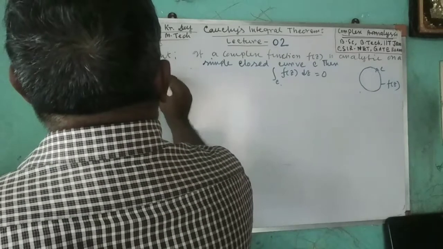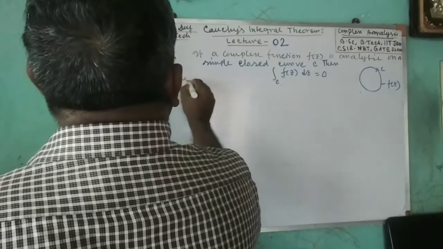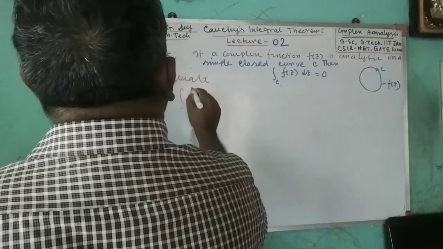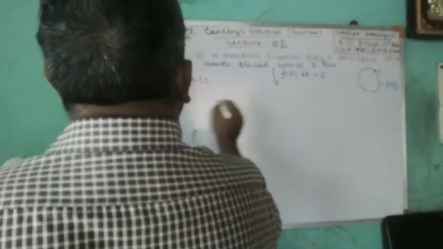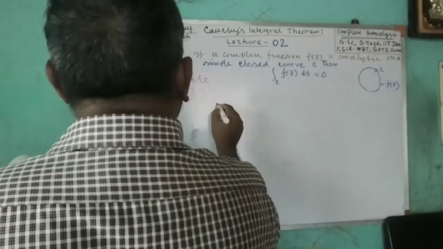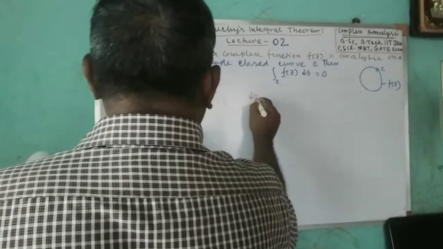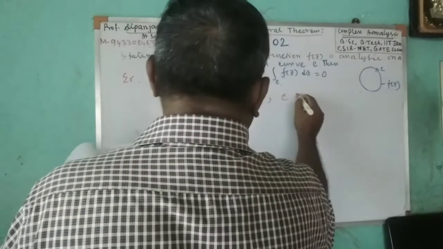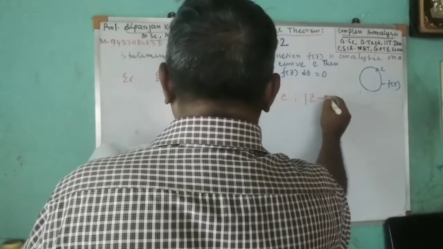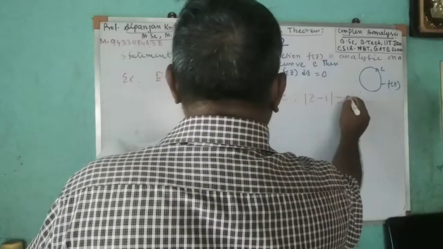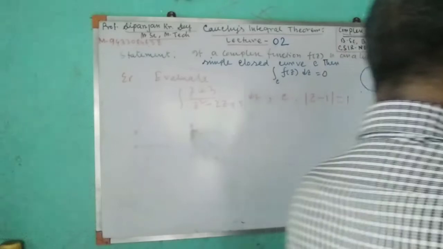Evaluate the integral of (z plus 3) by (z square minus 2z plus 5) dz, where C is the circle mod z minus 1 is equal to 1.